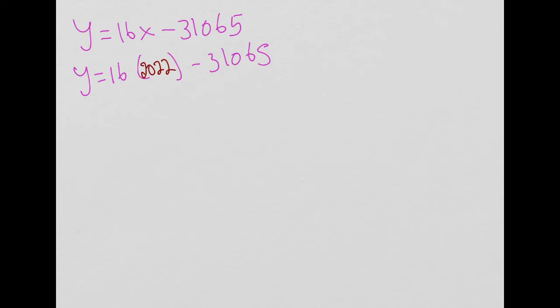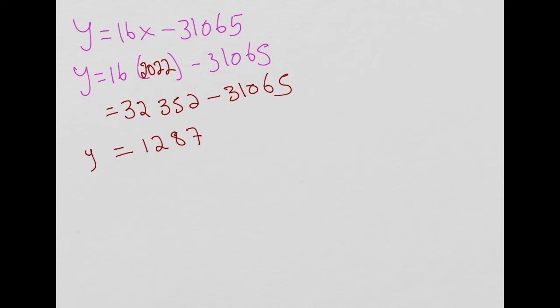So now we're going to multiply 16 times 2022. 32,352 minus 31,065. 1,287.